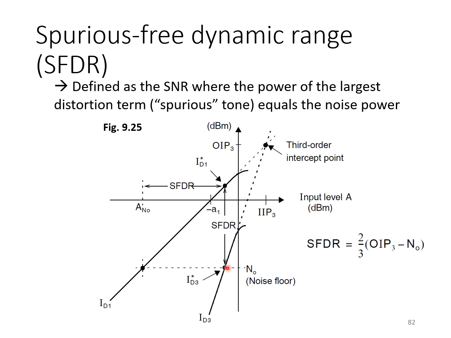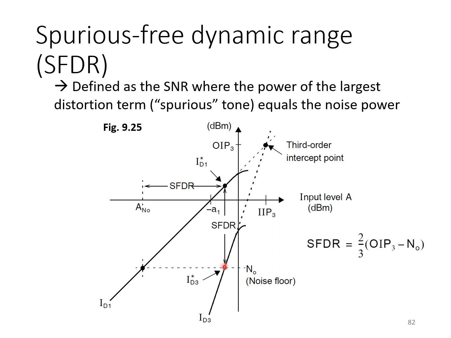And if we identify the point at which the third order distortion, in this case being the dominant one, assuming a fully differential circuit, surpasses the noise floor here, right at that point there, then the output signal amplitude is up here. So the gap between the output signal amplitude and the noise floor is the SNR, and that's exactly the same as the ID3 in this case, because the third order distortion term is right at the same level. So this gap here then is the SFDR, the spurious-free dynamic range.